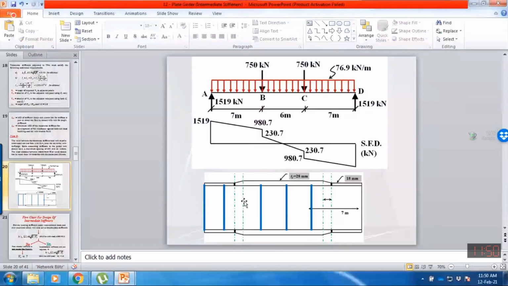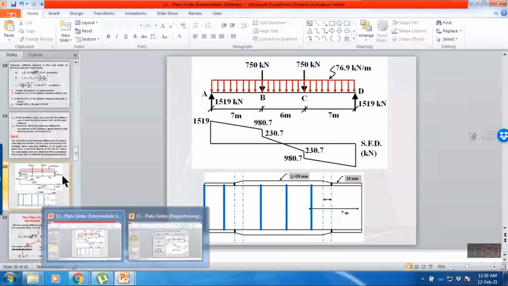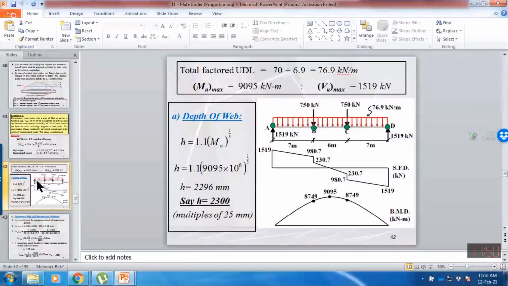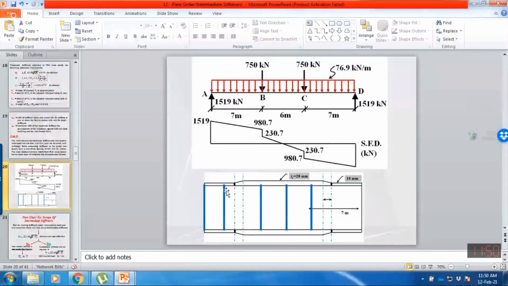So what will be the V_r? V_r is the lesser of the required V_u in the adjacent panel. Lesser means, where have I gone? In this web panel, because if I'm moving, at this edge we are having shear force 1519.